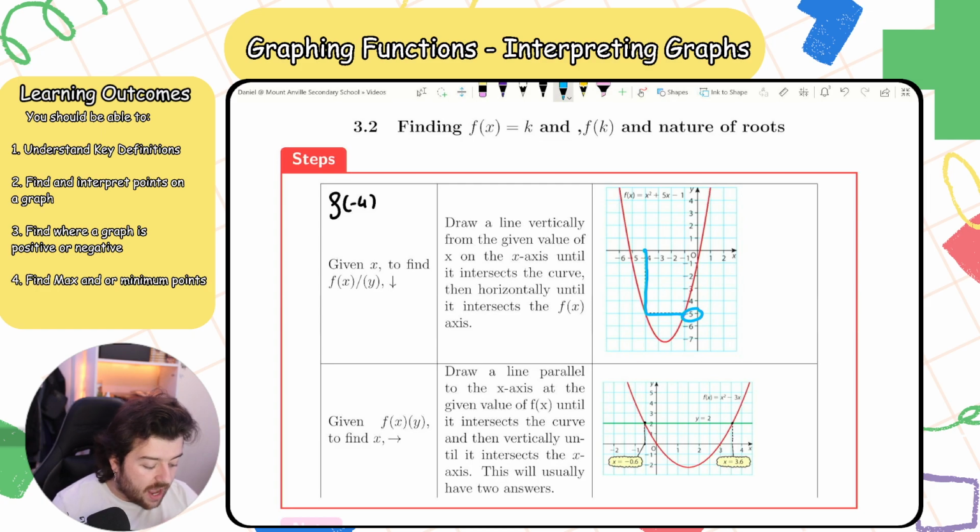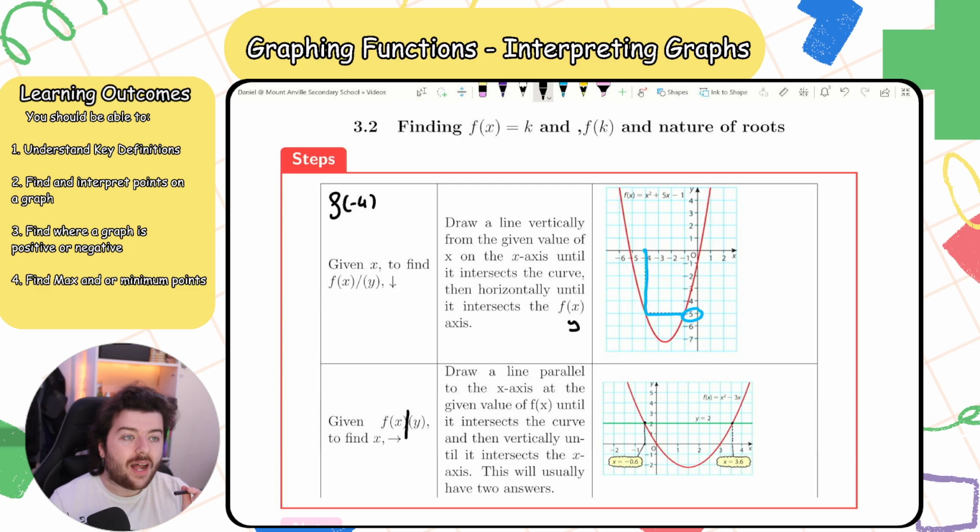So you draw a line vertically from the given value of x on the x-axis until it intersects the curve, and then horizontally until it intersects the y-axis, right? And then same thing kind of goes for when we're given f of x, or a y value, and we want to find the corresponding value of x.